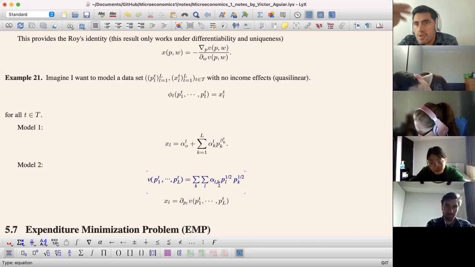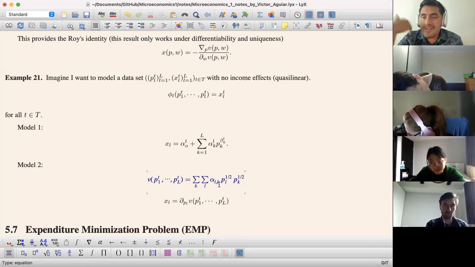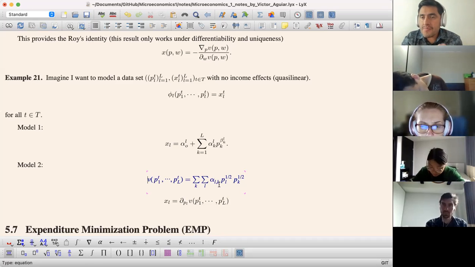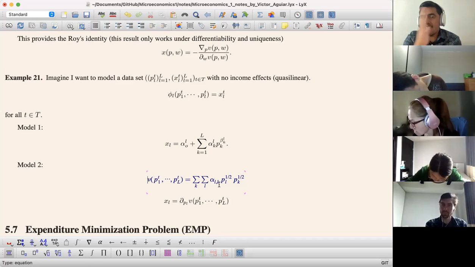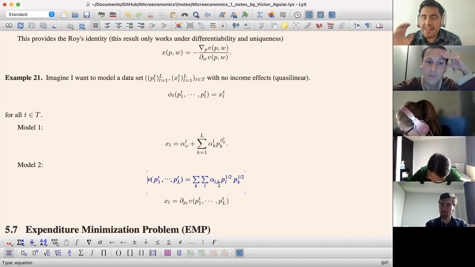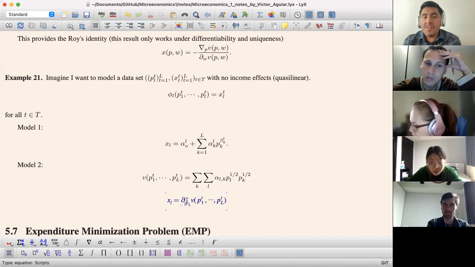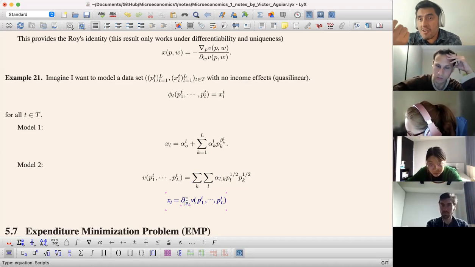So I'm going to stop here because this is not a class for econometrics, but you can see how Roy's identity matters. Roy's identity essentially tells you that under rationality, the demand vector is, in physics, what they call a scalar field. And don't be afraid of the name. A scalar field basically means that you are the derivative of a scalar function, okay?